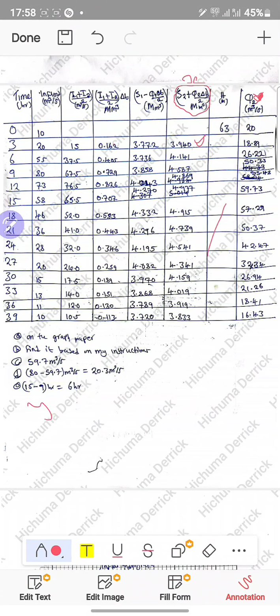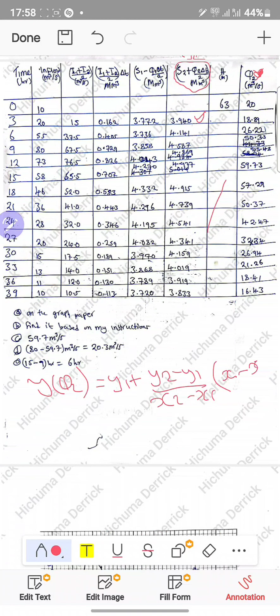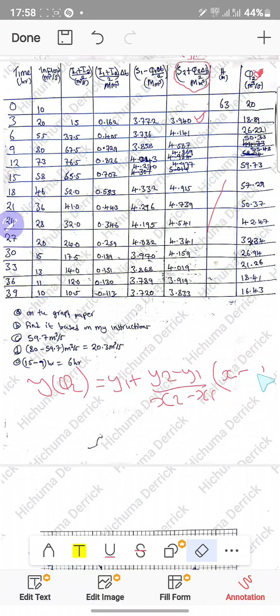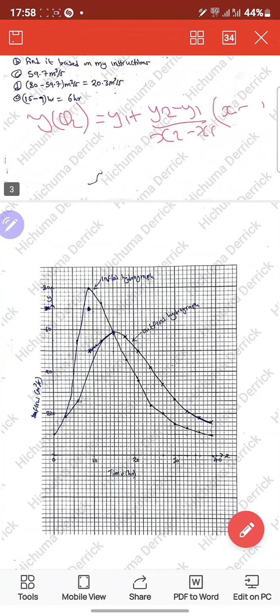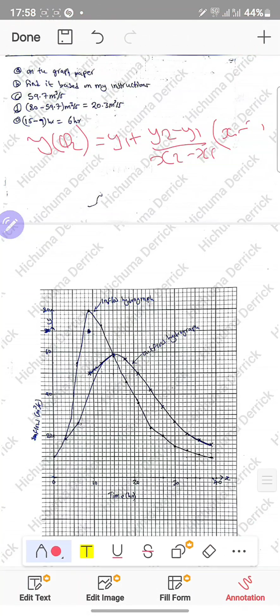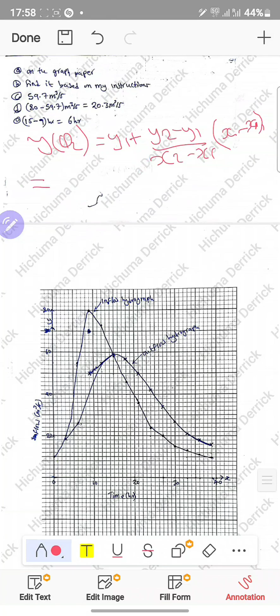So we have y, which is q2, equals y1 plus y2 minus y1 over x2 minus x1, times x minus x1. Okay, so then what is your y1?